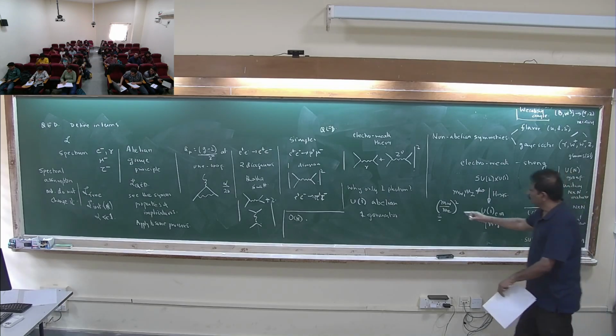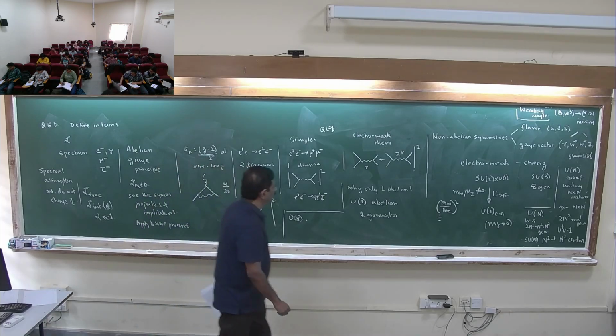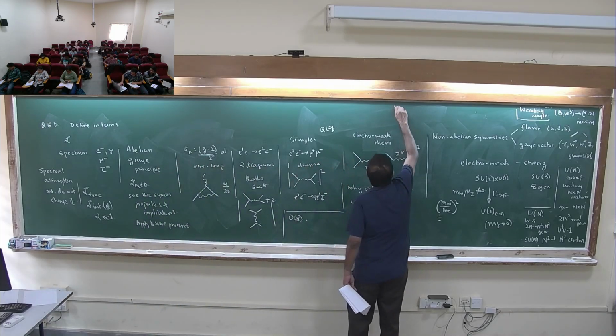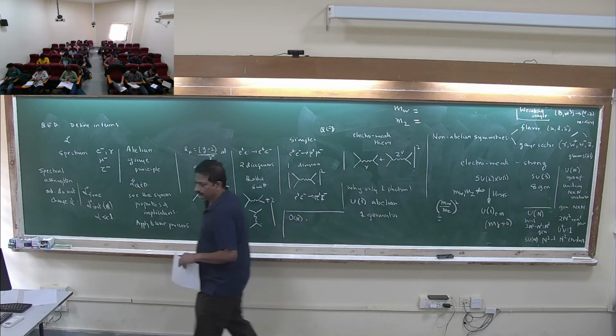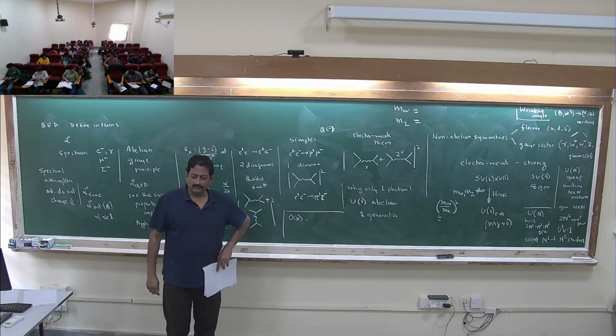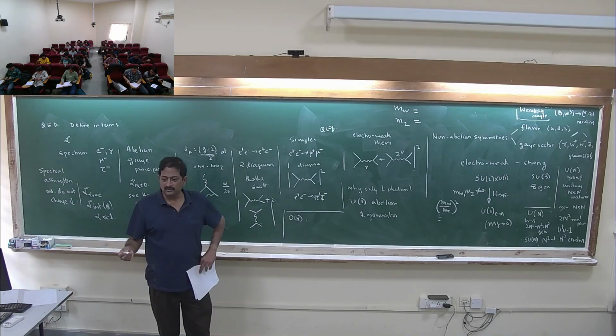Okay, now one of you is going to look up Google and tell me what are the masses of W and masses of Z. Yeah, go ahead and write it down. Both the central value as well as the errors.